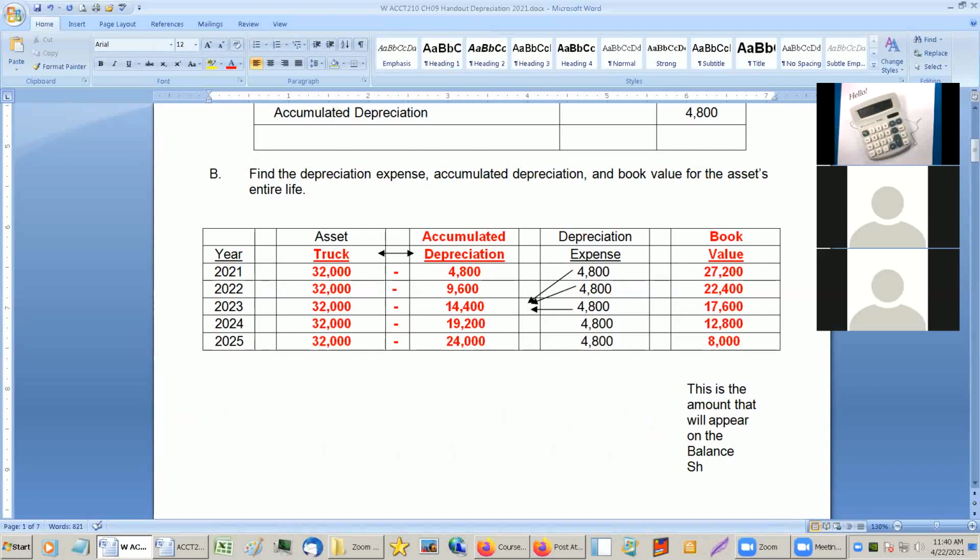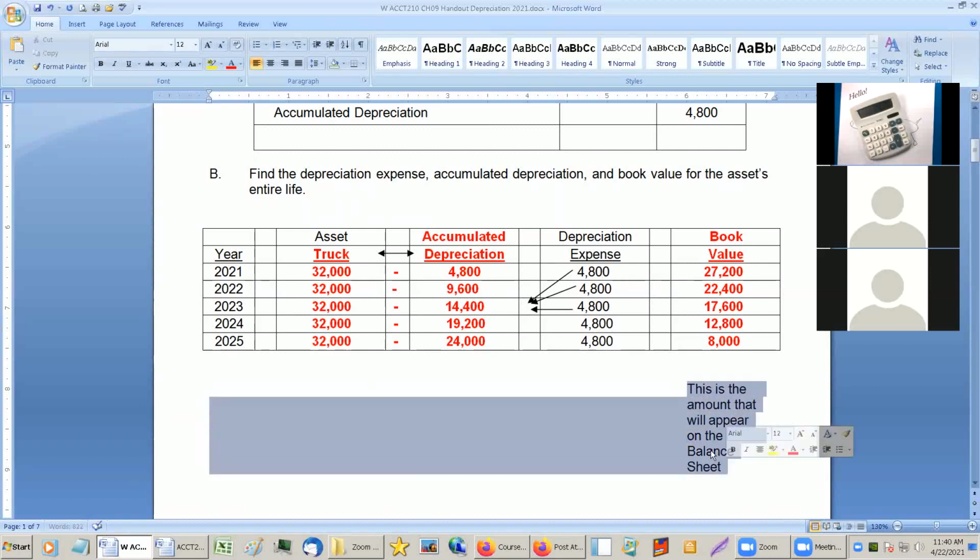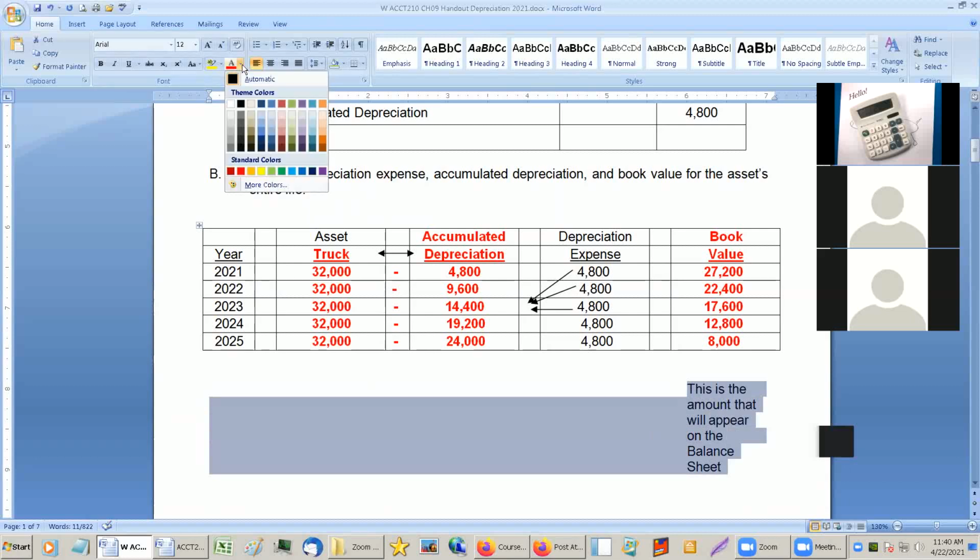That's what we do. All right, so this is the amount that would be shown on the balance sheet.